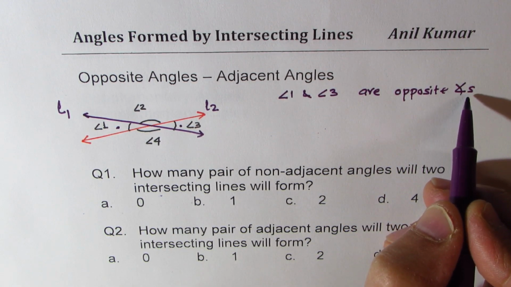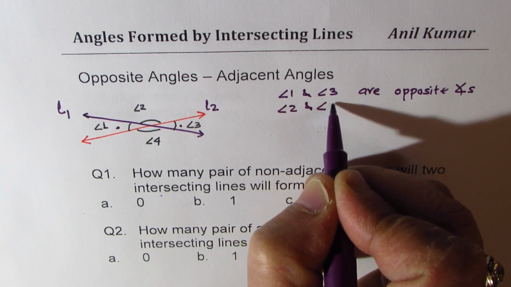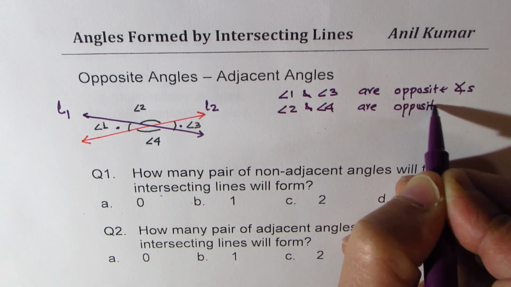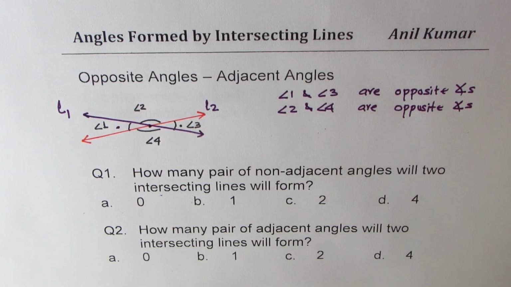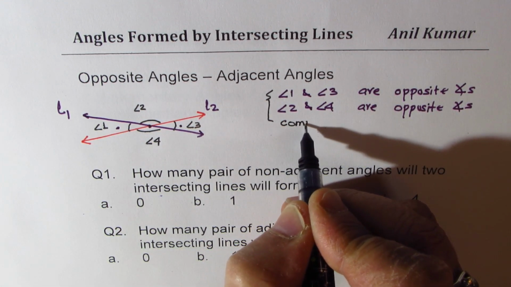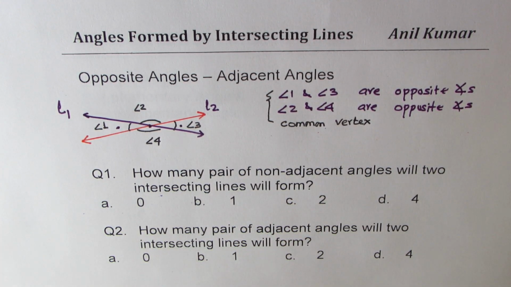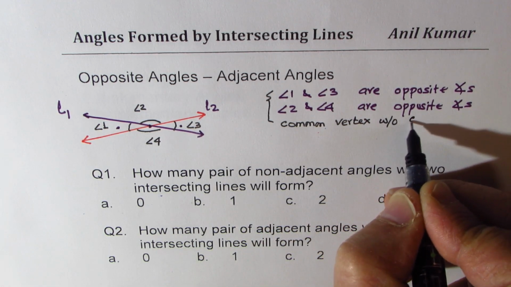In short, angles could be written like this. Similarly, angle 2 and angle 4 are opposite angles. Now, in opposite angles, what they have is a common vertex but they do not have common arms, without common arm.